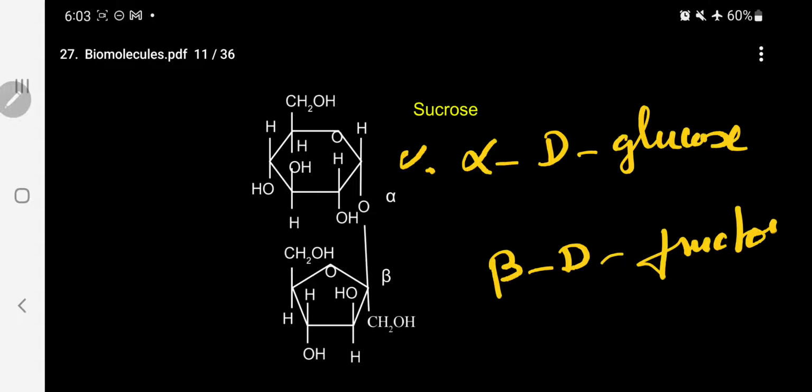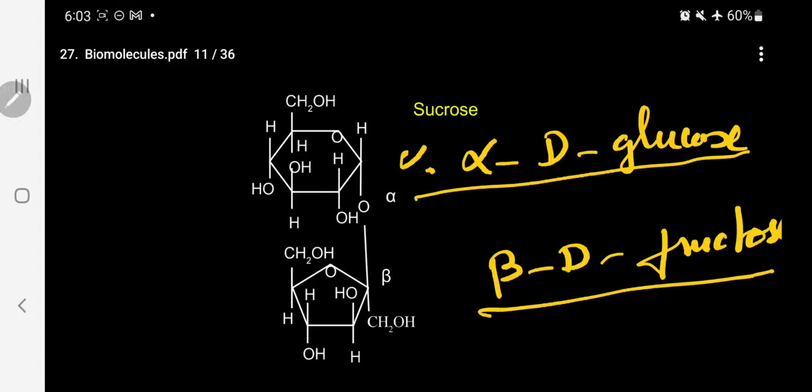So actually, the structure of sucrose is nothing but a combination of alpha D glucose and beta D fructose, and the linkage is at the 1 and 2 positions. Please follow. This is 1, this is 2. So 1 and 2 is connected.